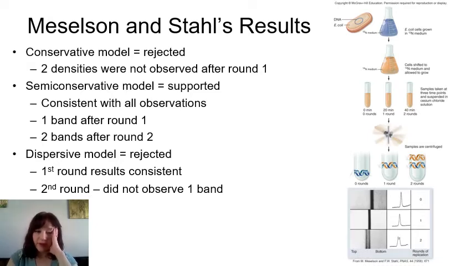And if we were using the dispersive model, no matter how many times the DNA replicated, you would just see a bunch of mixed up DNA. You would just see that one intermediate band. And so the fact that they saw a second band that was lighter in addition to that intermediate band really helped them prove that the semi-conservative model was in fact true and not the dispersive model.